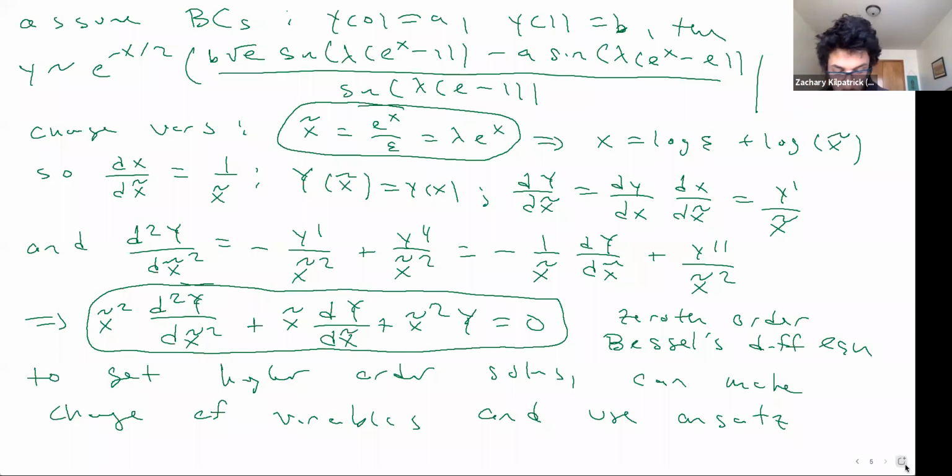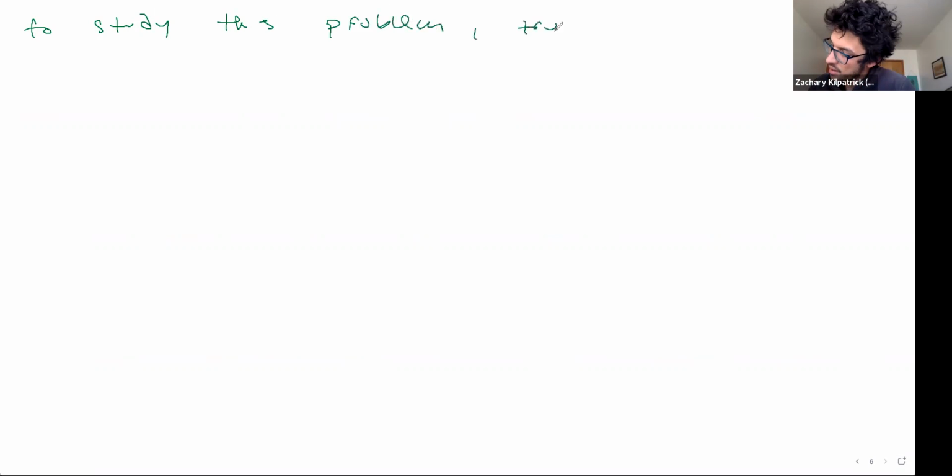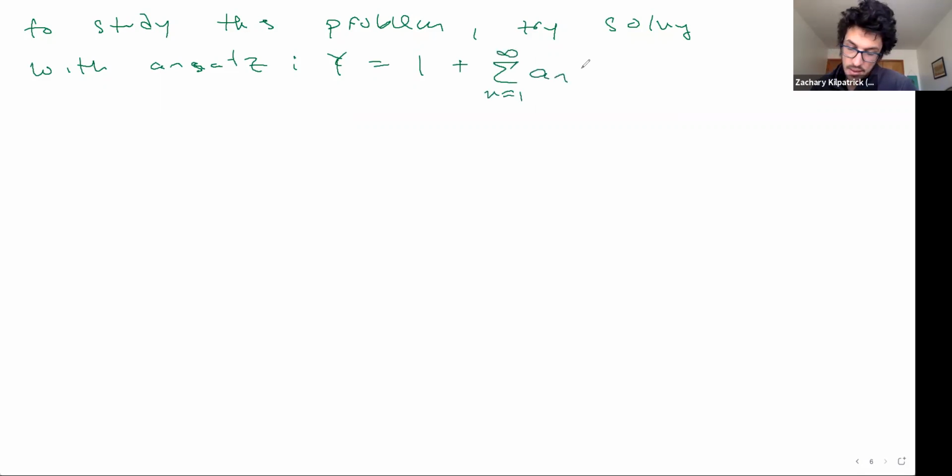Okay, so to study this problem, we're going to try solving it with an ansatz where we take Y equal to 1 plus the sum from n equals 1 up to infinity of a_n x tilde to the n.